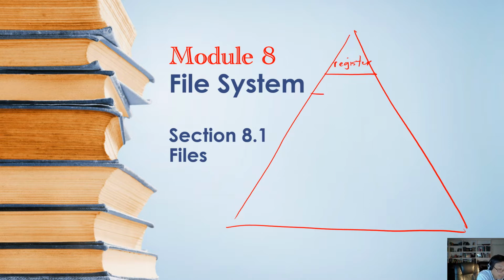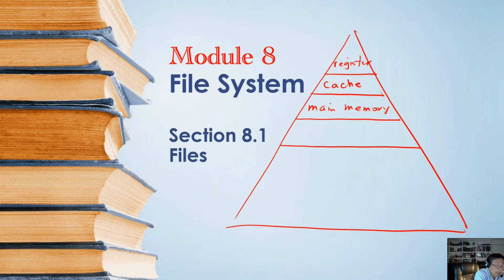Another storage, which is a little bit slower than the register, is the cache, which stores temporary data. Below the cache is the main memory. And then there's the hard disk.